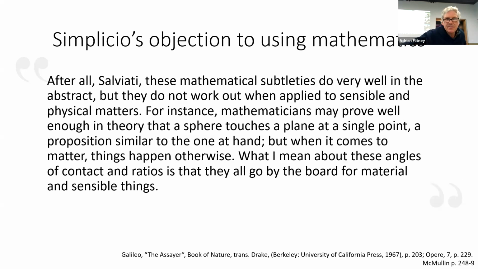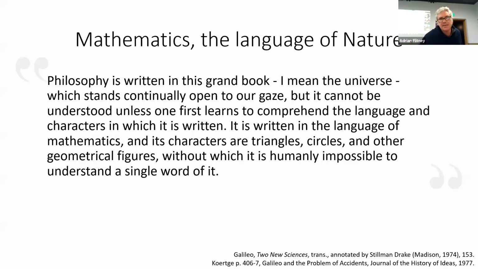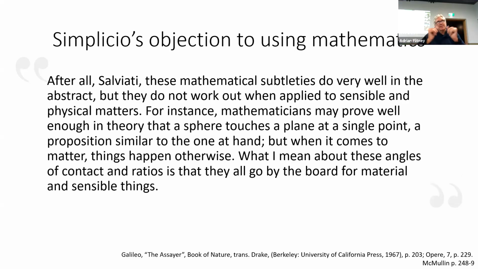So he thinks it's not really an idealization at all, because although the mathematical form that we come up with will be, nature is actually mathematical. Actually, what he says here will explain it more.